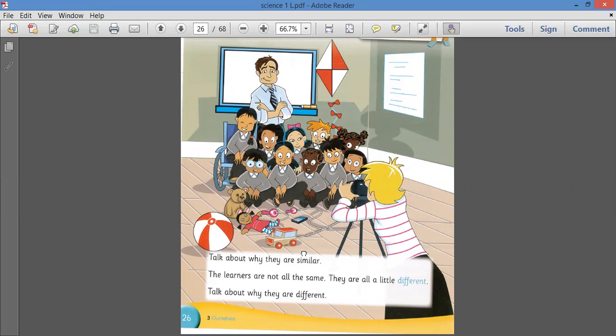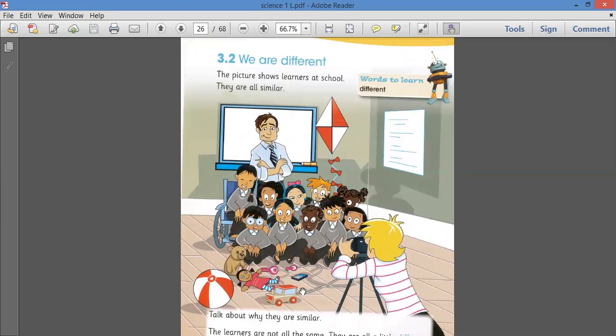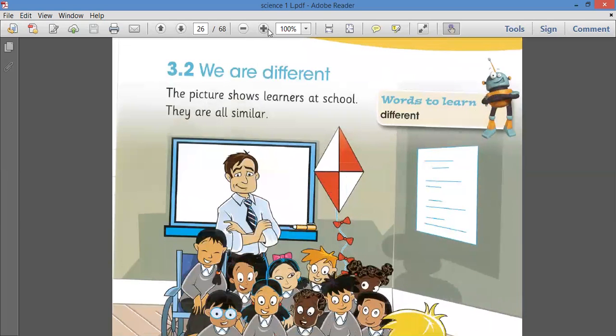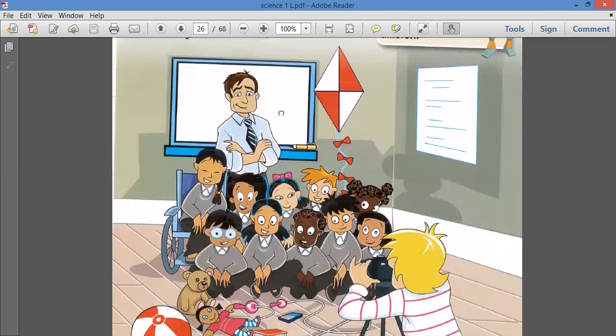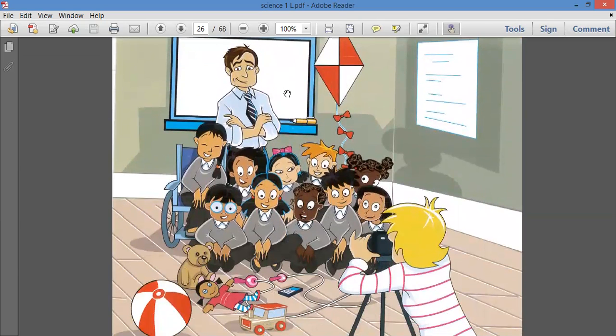First we talked about their similarities, the same things. Now we are going to talk about their differences. So you have to focus on this picture. Understood?